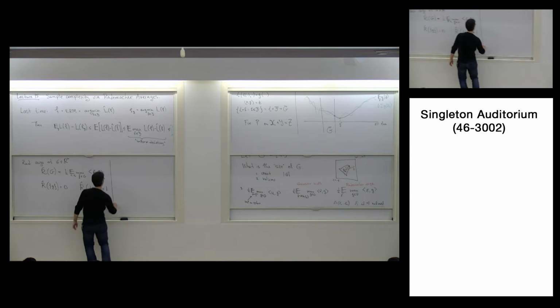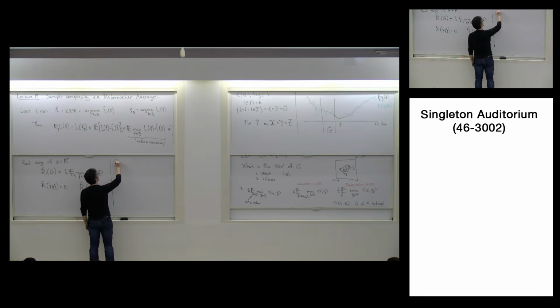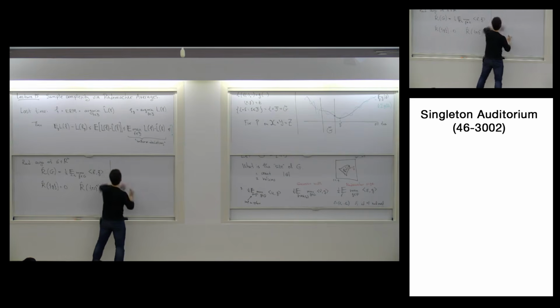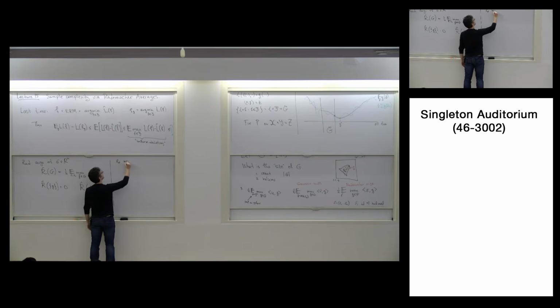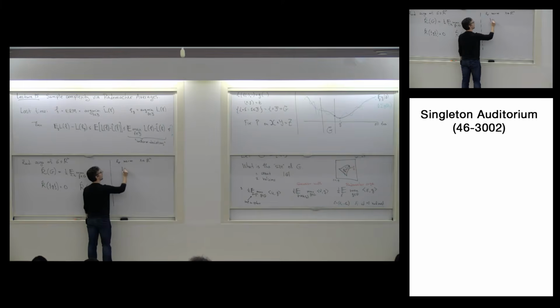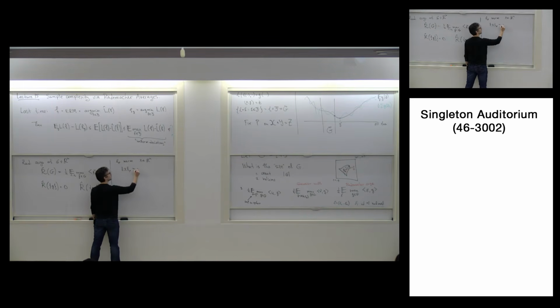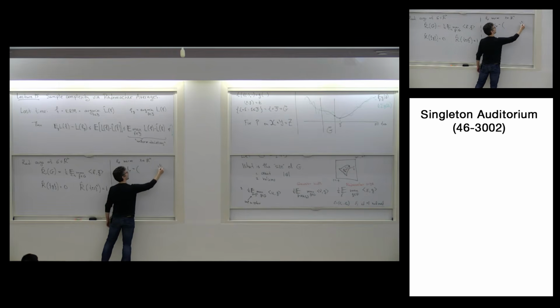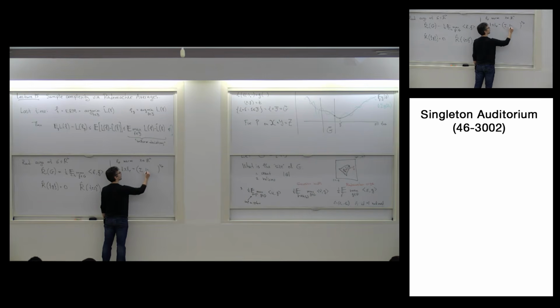Let me define a notion of LP norm of a vector. Given a vector x in R^n, the p norm of x is the 1 over p power of the sum of the absolute value of the coordinate x_i raised to the power of p, i from 1 to n.